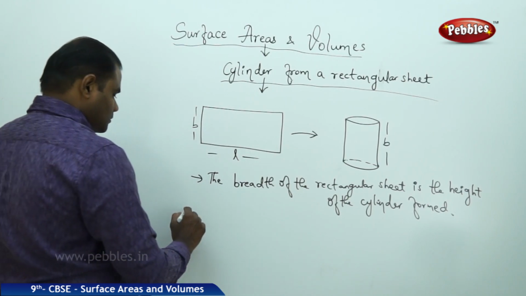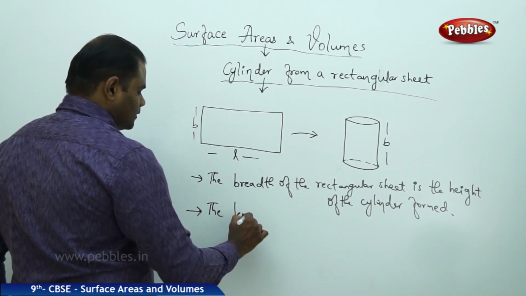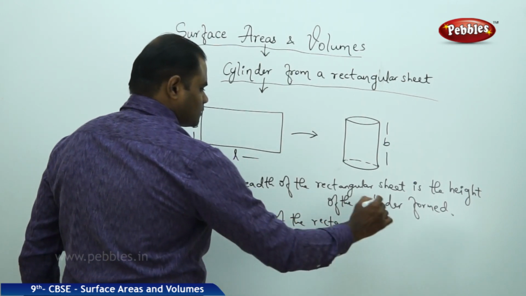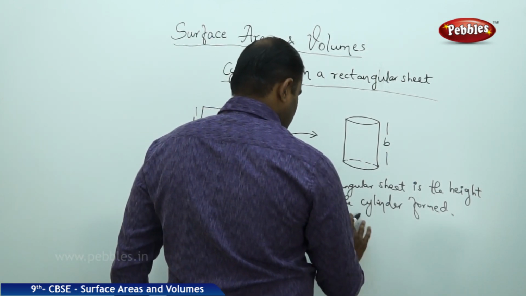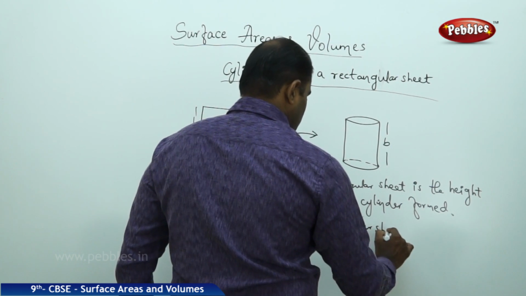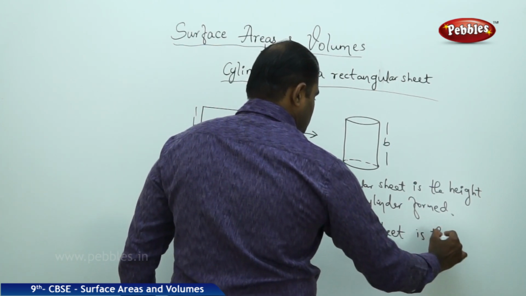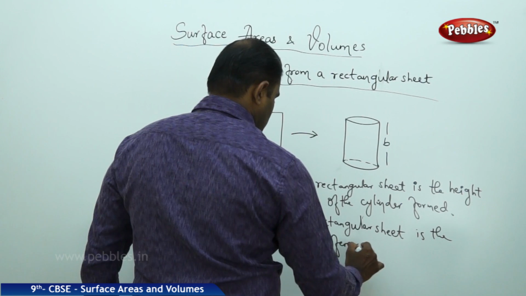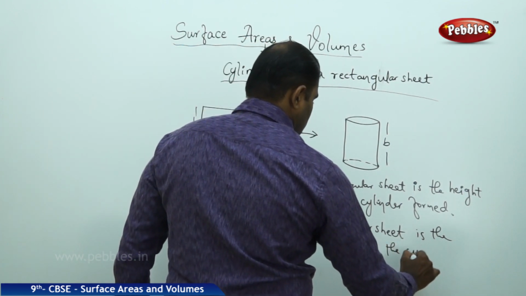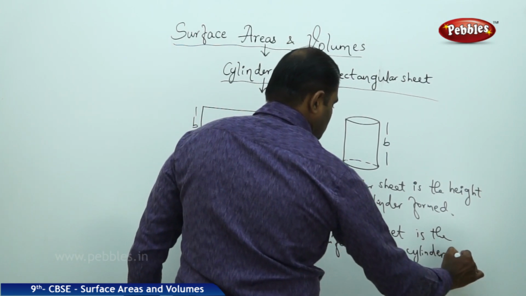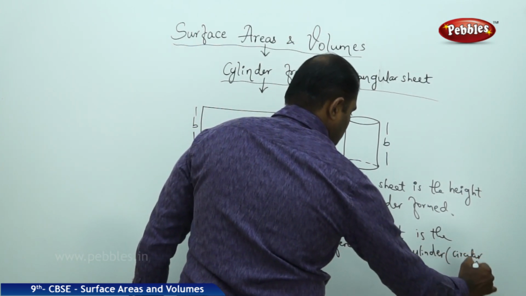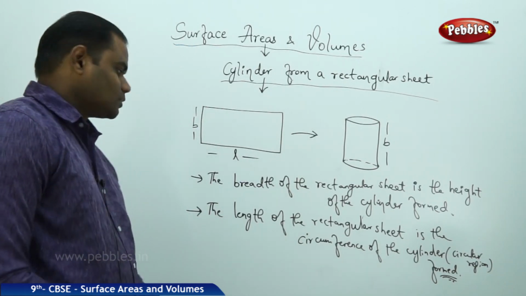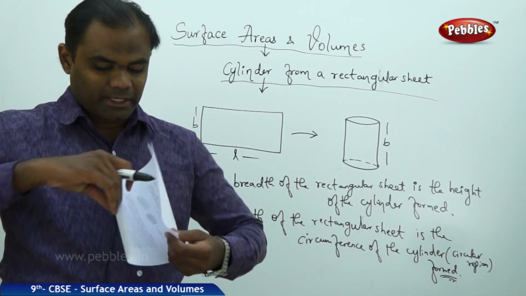So here, the second point which I identify is that the length of the rectangular sheet is the circumference of the cylinder, that is, the circular region formed. So the length of the rectangular sheet is the circumference, as can be seen here.